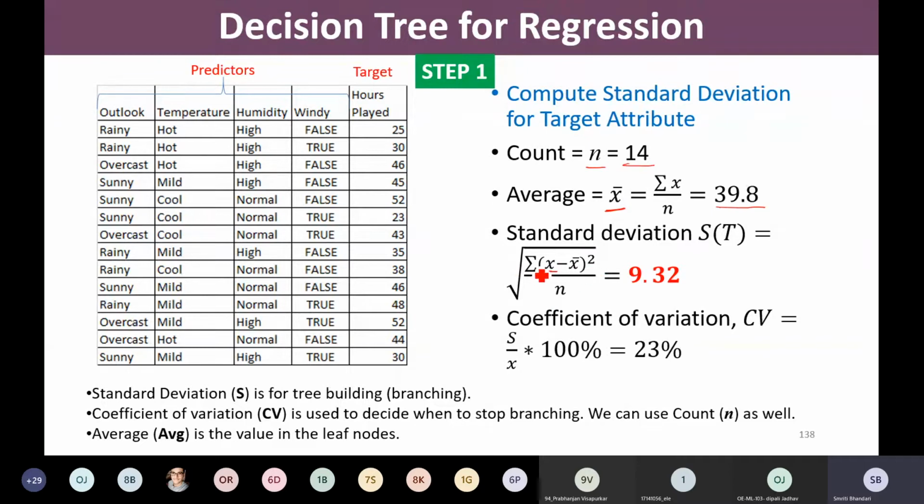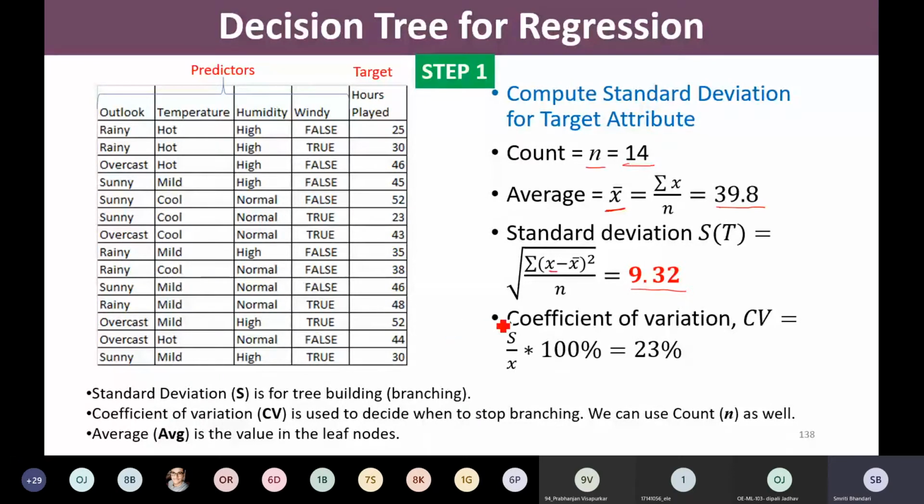We are having summation of all such square differences, and then we are going to divide it by the total number of samples that we have, n. And finally we are having the square root of that. So this is how we are computing the standard deviation for target attribute. Here our target attribute is hours played, right, which is having the numeric values.